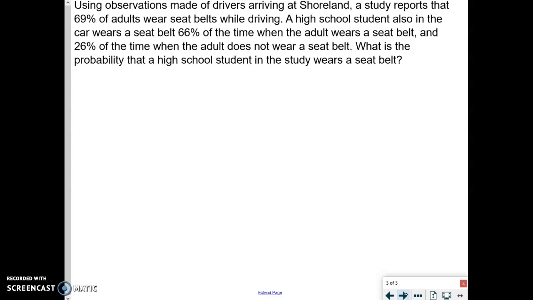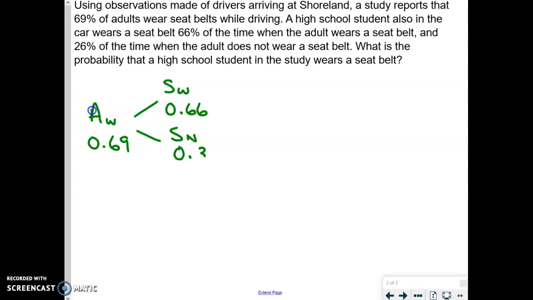Okay? So the first part of this would be, let's start with adults wearing seatbelts. If the adult wears, in this case, it says 69% of the time. So I'm going to write that as a decimal, 0.69. If the adult wears the seatbelt, then the percent of the students wearing seatbelts, let's call them SW, is 66%, which means that the other students not wearing would be what's left over, which would be 34%.